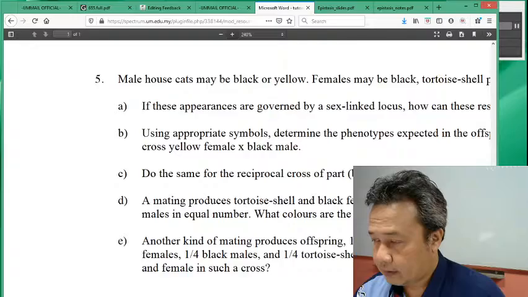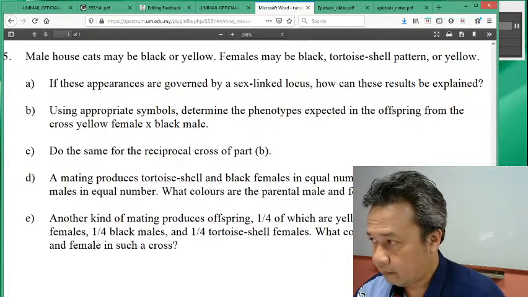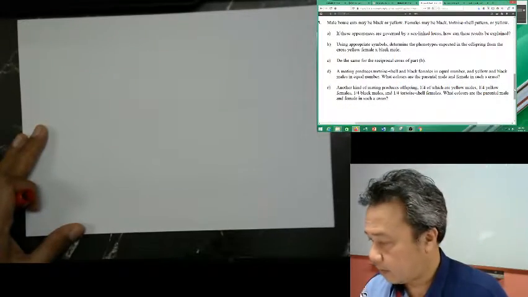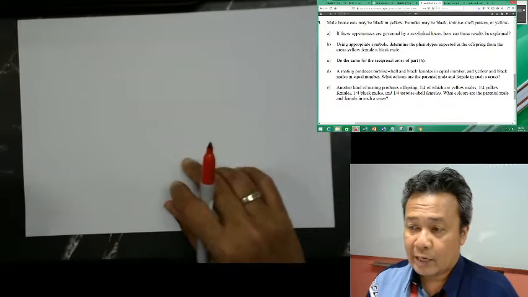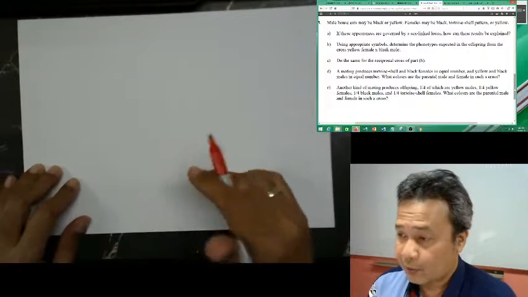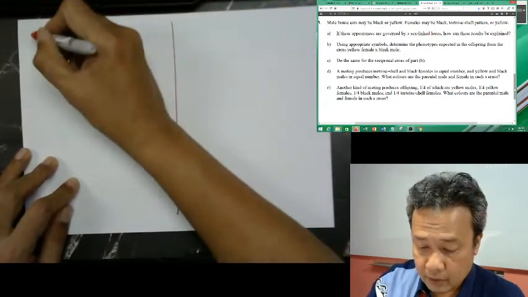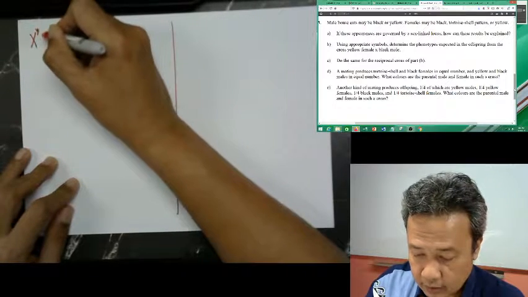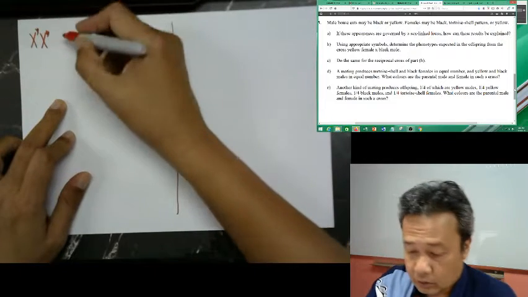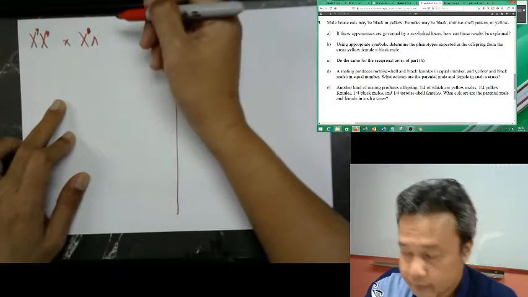Second question, using appropriate symbols, determine the phenotypes expected from a cross between a yellow female, X^Y X^Y, and a black male, X^B Y.